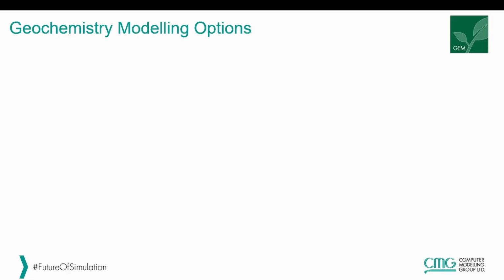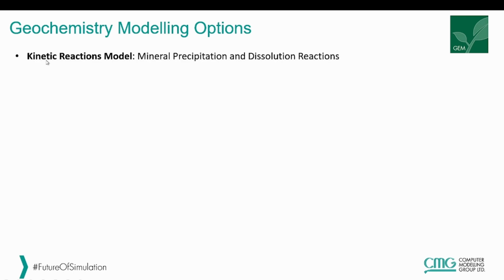So the modeling options that we're going to look into today are built into CMG's fully compositional simulator GEM. GEM has had a kinetic reaction model for a number of years, which is particularly suitable for mineral precipitation and dissolution reactions.